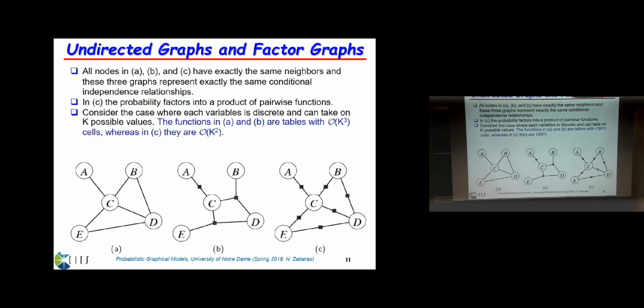Now, if k is very small, it will not make a difference. For example, if k is equal to 5, no big difference. But if you have this as part of a much bigger graph, of course, this will make a huge difference. This goes with k squared, this goes with k cubed, all right?